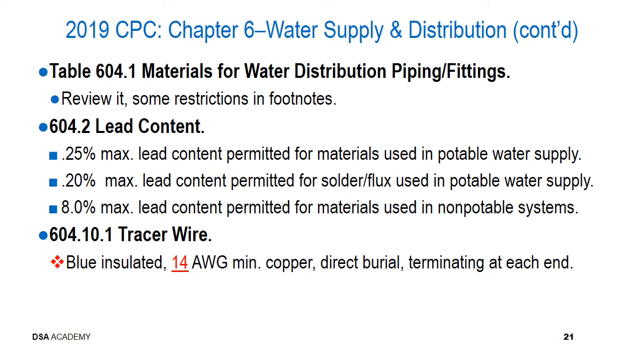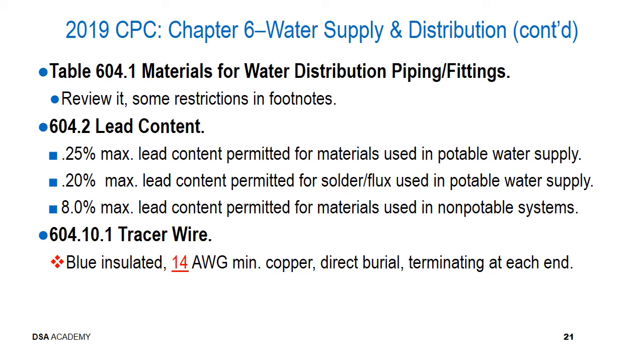604.10.1 addresses tracer wire, and the reason this is identified as an amendment change with this code cycle is that previously there was a conflict. There was a portion in the California Plumbing Code which identified that 18 gauge tracer wire was acceptable, and that conflicted with other areas that identified that 14 gauge was the minimum tracer wire gauge.